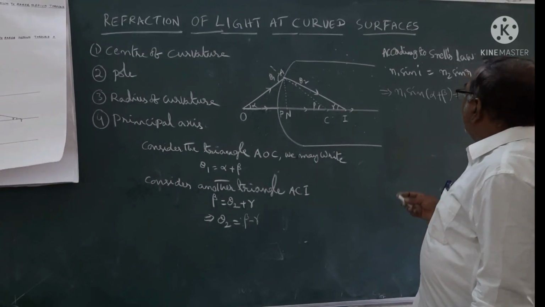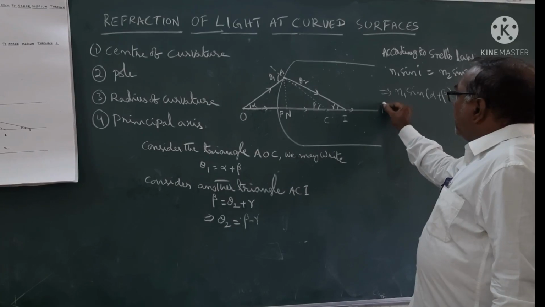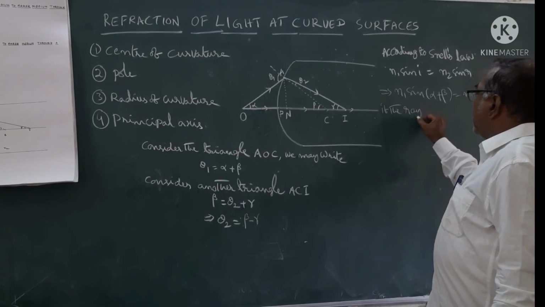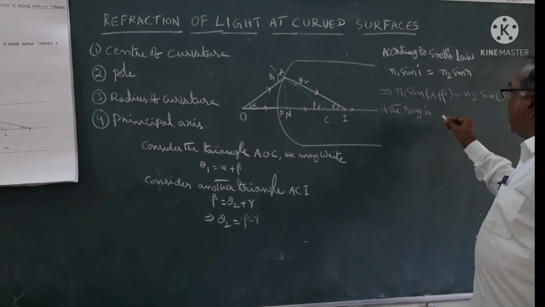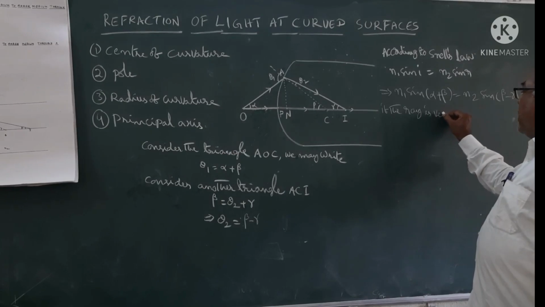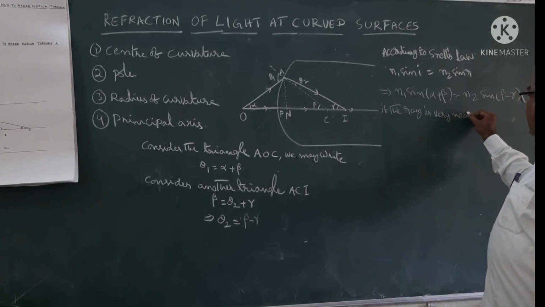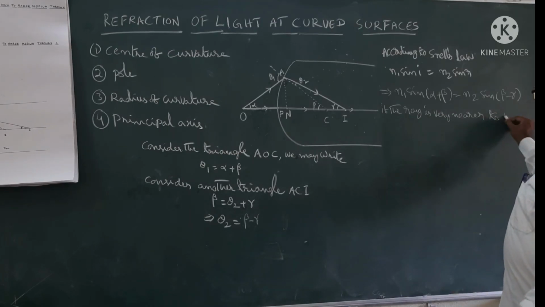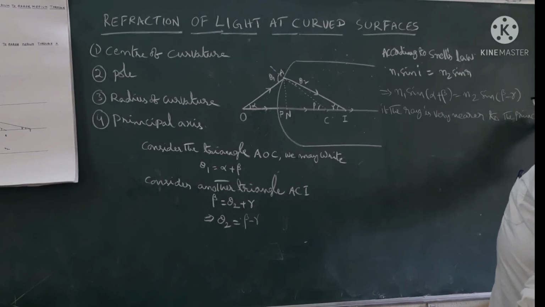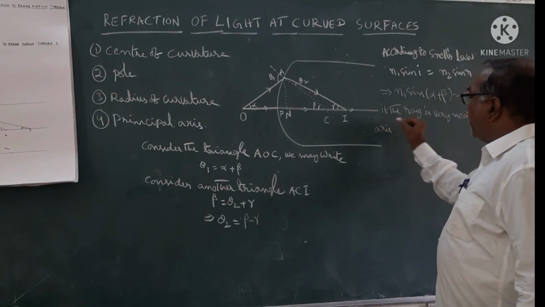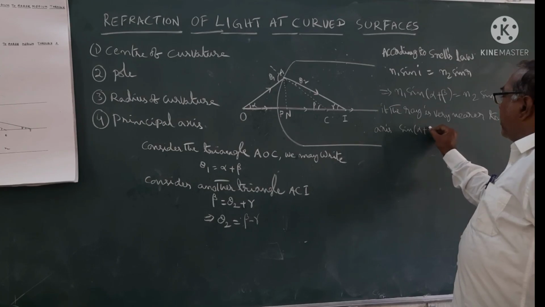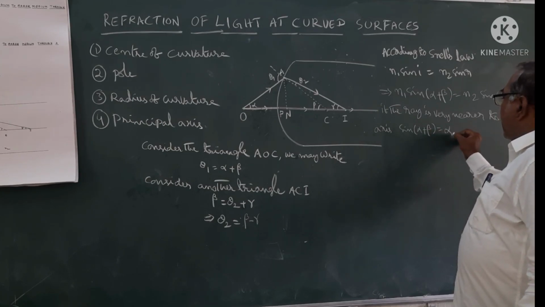Here, if the ray is very near to the principal axis, sin of alpha plus beta will be taken as alpha plus beta.